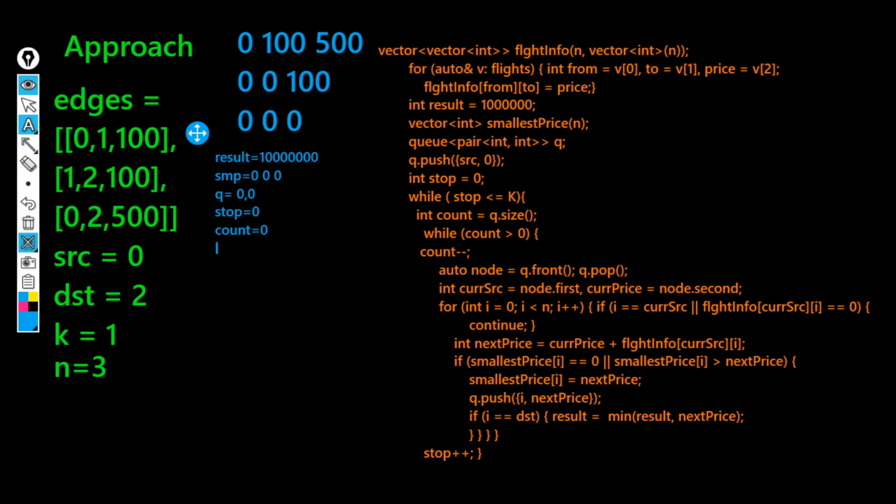So now count will be 0. Now after this the queue will be popped. So we will pop the value and we will store these two values in our current position. So the current position value will be 0 and the current price will also be 0.